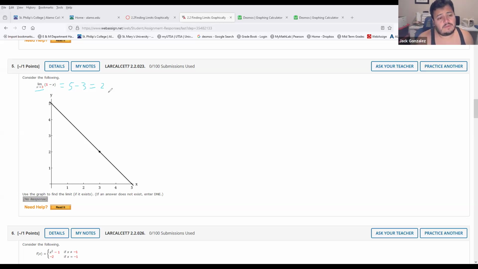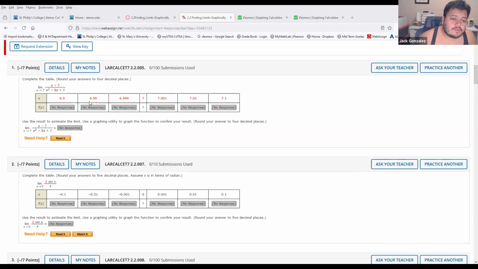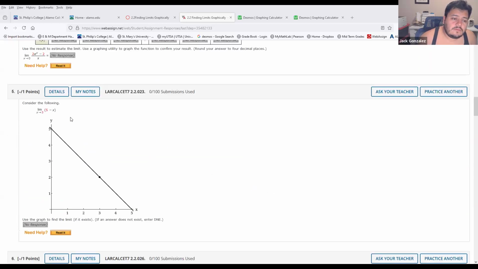So the next step would be, well, if I can't plug it in or I don't want to, what does the graph look like? And then we just showed that, right? This is approaching 2, right? And then the other method would be plugging in numbers closer and closer to 3. And you're going to see that it's getting closer to 2. So these are technically multiple methods, right?